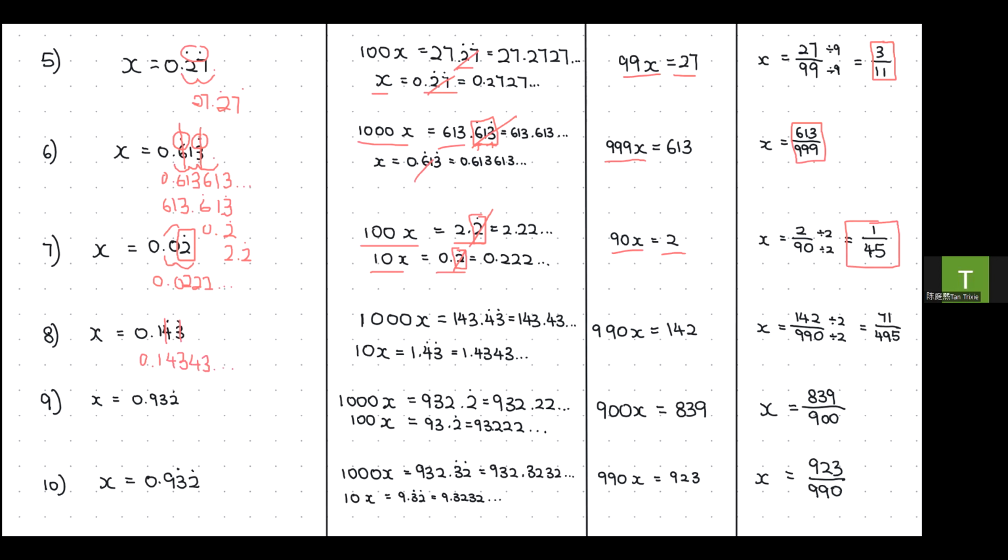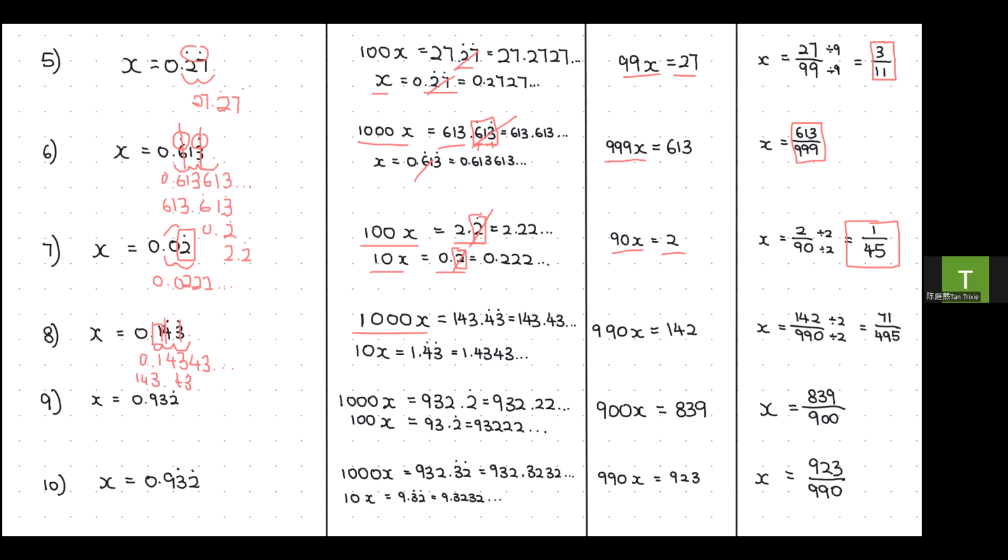Here there are 3 decimal places, so times 1000, 3 steps, equals 143.43. You cannot repeat the number 1 because it is not recurring. And then the decimal will be 43 recurring decimal.